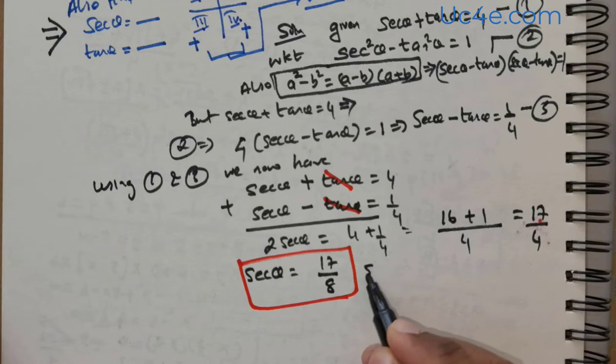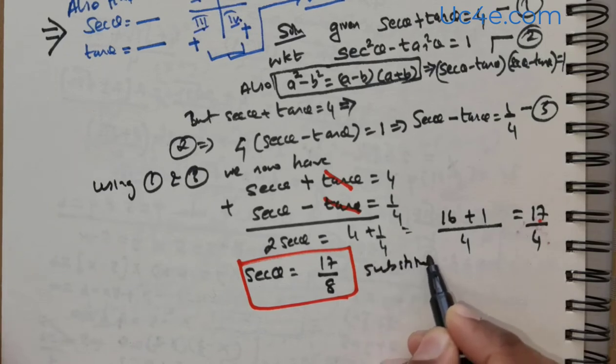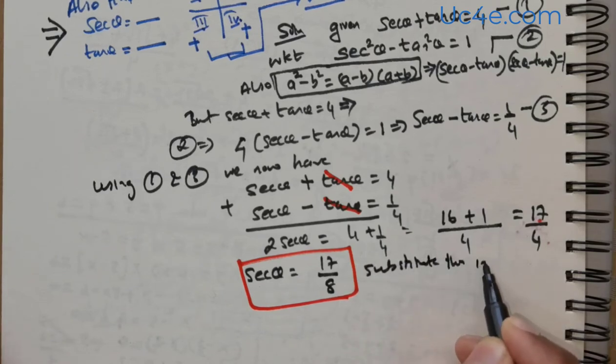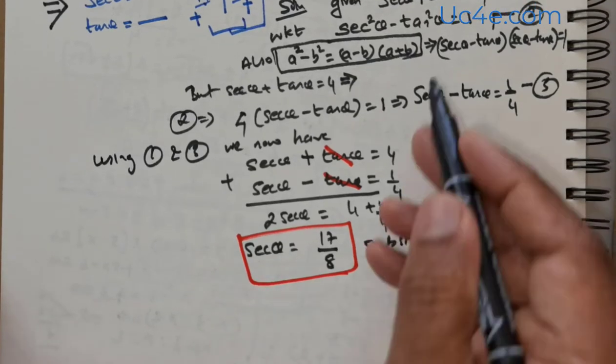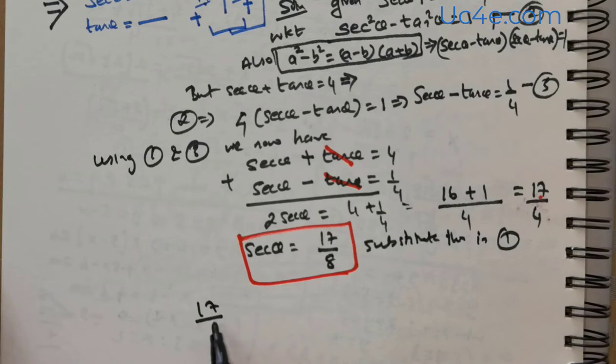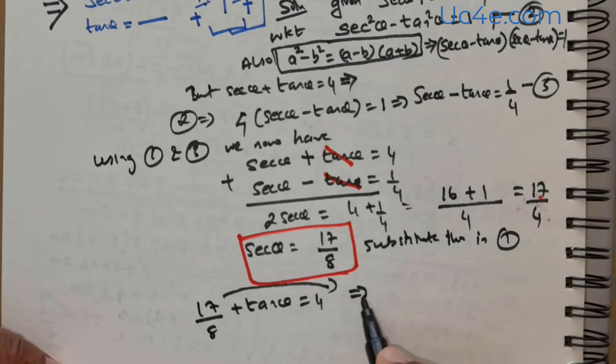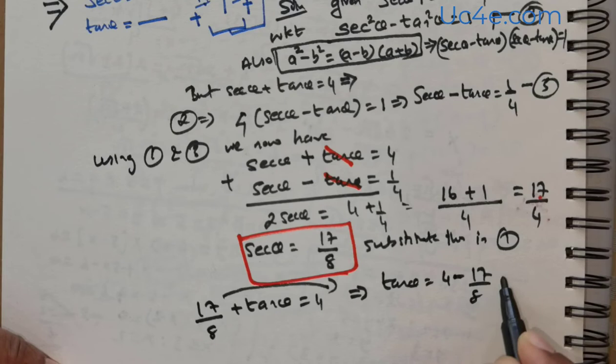So I'm going to substitute this in 1. So what happens when I substitute this in 1? So this is 17 over 8 positive tan theta is equal to 4. You move this to the other side. So this implies tan theta is equal to 4 negative 17 over 8.